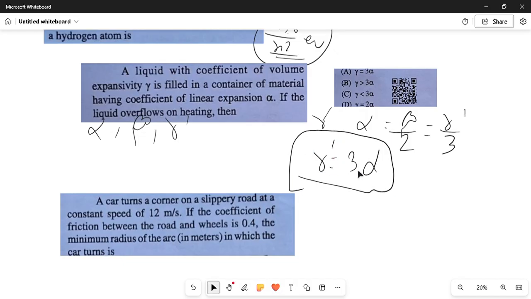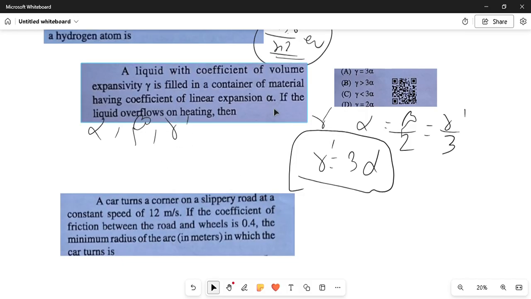The question asks, if the liquid overflows on heating. After heating, the liquid overflows, so the volume expansion of the liquid should be greater than the volume expansion of the solid.